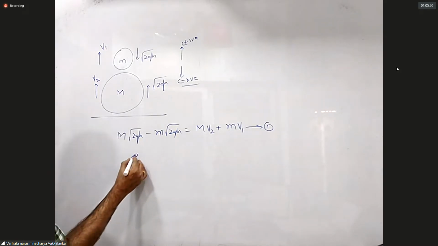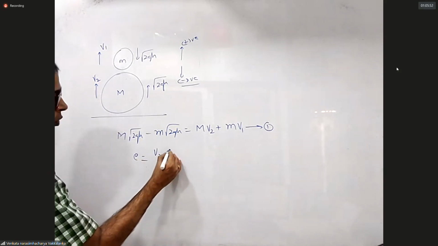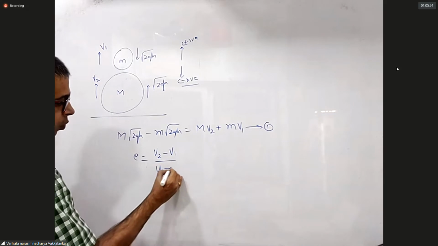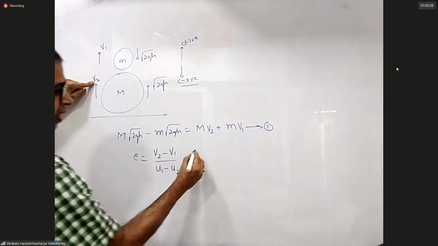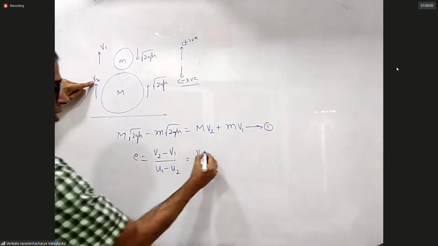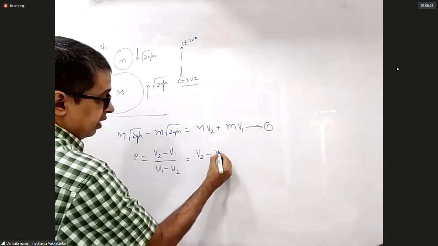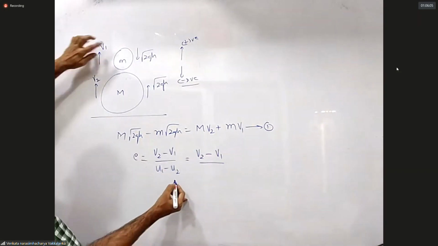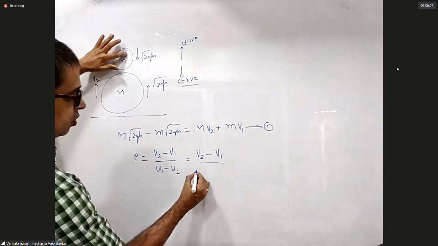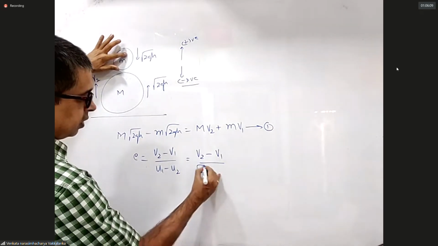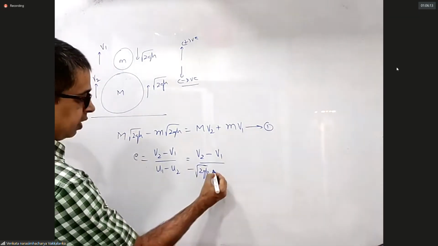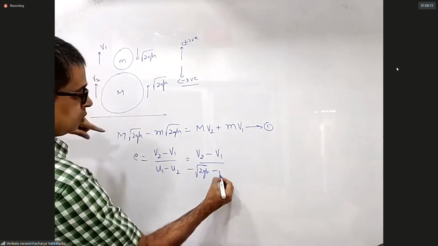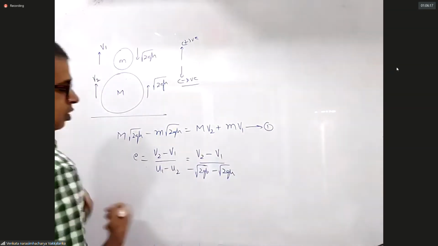Right? What will small e be equal to? V2 minus V1 upon U1 minus U2. What is V2, velocity of capital M? It is in the upward direction. Minus V1, that is also in the upward direction. U1 is under root 2gh but in the downward direction, minus under root 2gh.